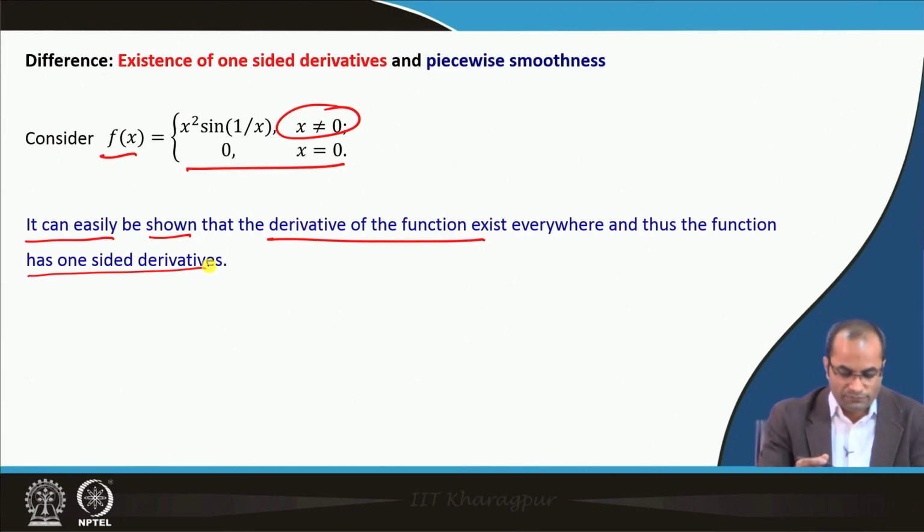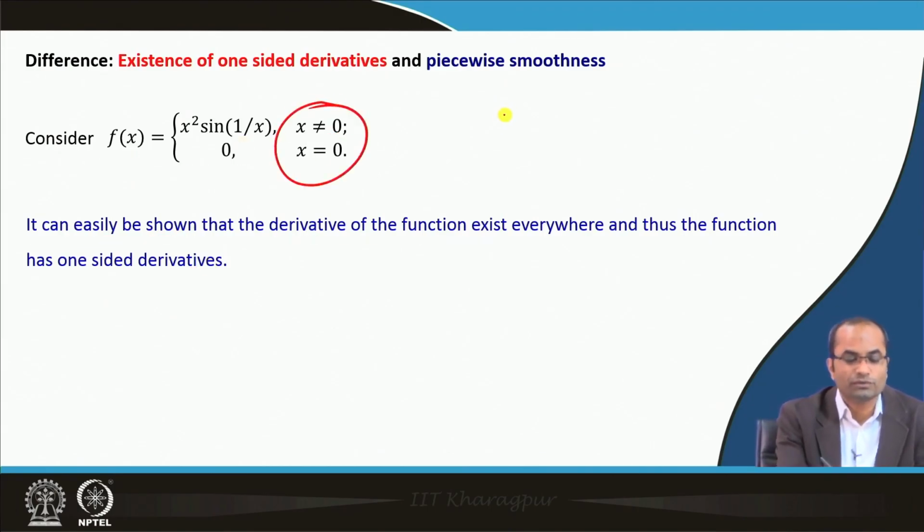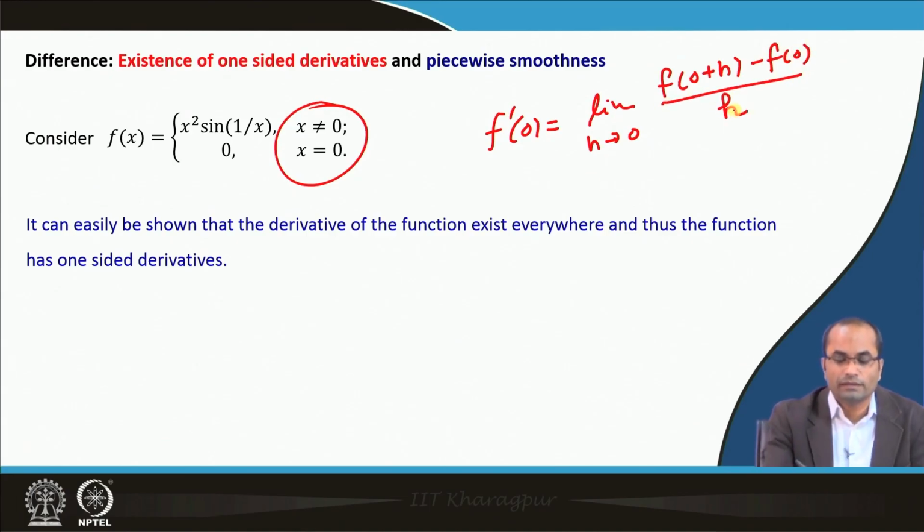So, here for this function the problem is at x equal to 0, but we can show that the derivative at 0 also exists, because with the definition, limit h goes to 0 of f of 0 plus h minus f of 0 divided by h is equal to the limit h goes to 0, whether from the positive or negative side does not matter.